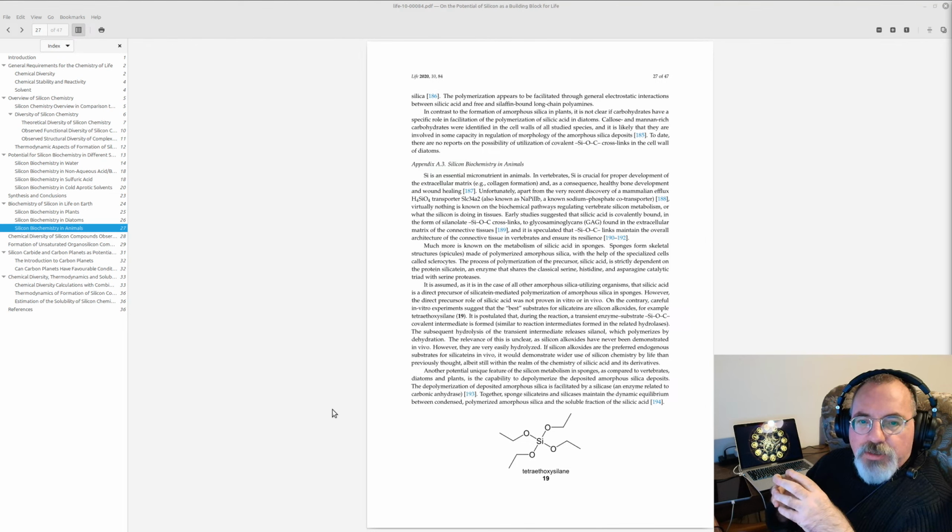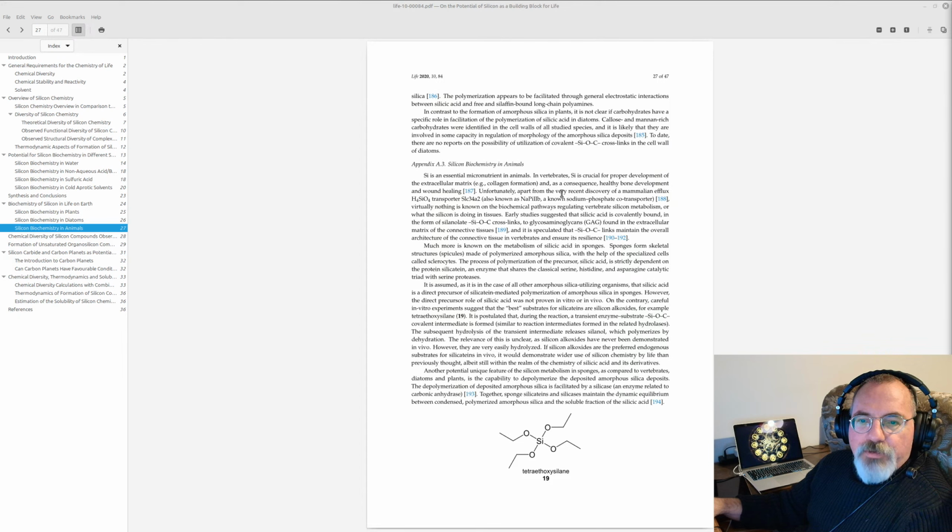Appendix A3. Silicon biochemistry in animals. Silicon is an essential micronutrient in animals. In vertebrates, silicon is crucial for the proper development of the extracellular matrix, for example, collagen formation, and as a consequence, healthy bone development and wound healing.